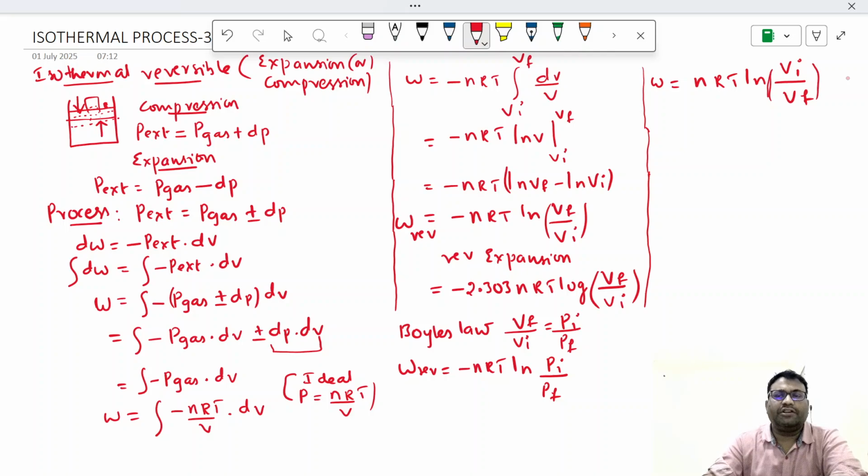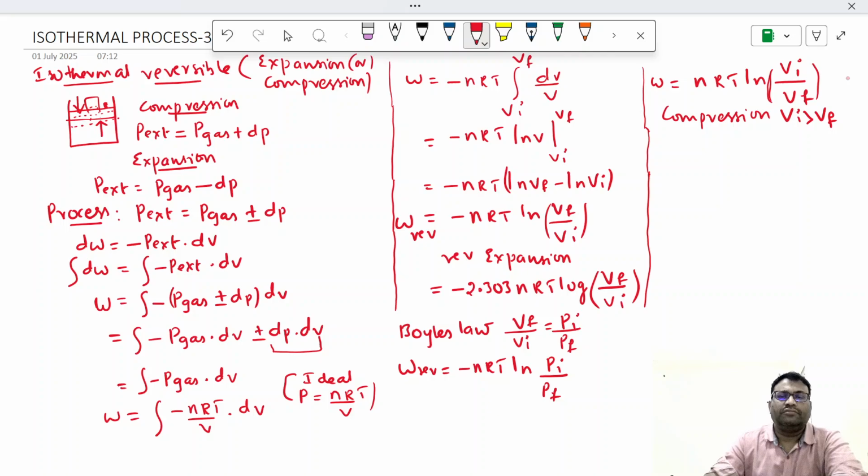During compression, V initial is greater than V final, so log V initial by V final will be positive. N is positive, R is positive, so the total will be positive.